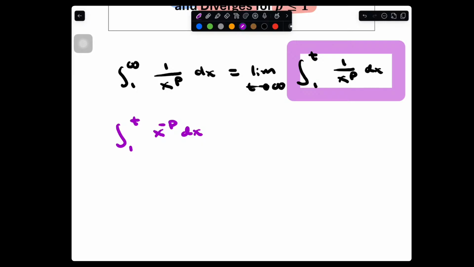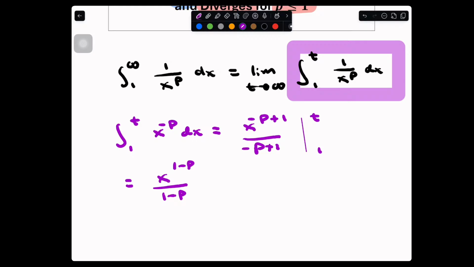All right, let's see how this goes. So what we know is this is going to be x to the negative p plus 1 over negative p plus 1, evaluated from 1 to t, which we write as x to the 1 minus p over 1 minus p from 1 to t now.